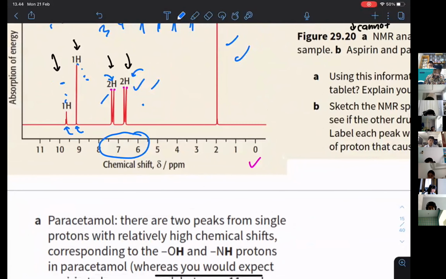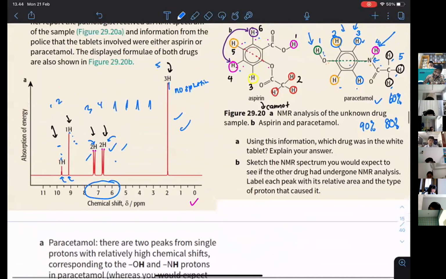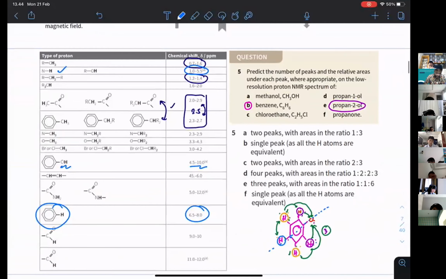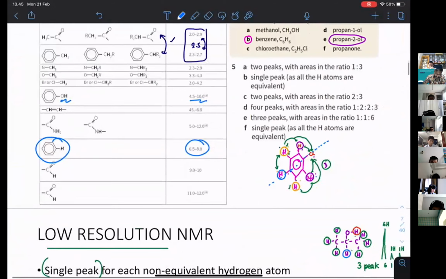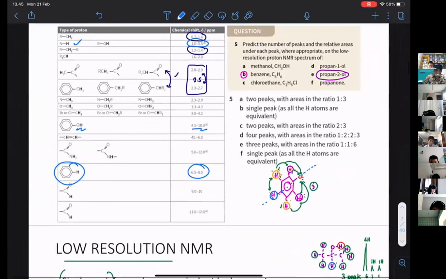They don't have it here. NH bonded to benzene, let's see. For that one, something is wrong. For NH bonded to benzene, it's not there.